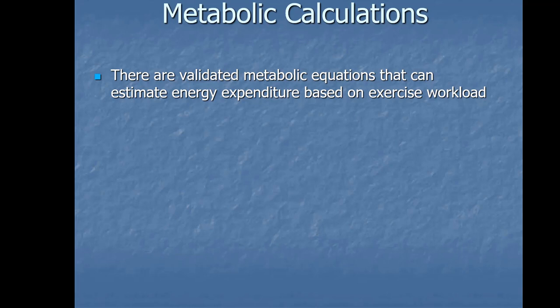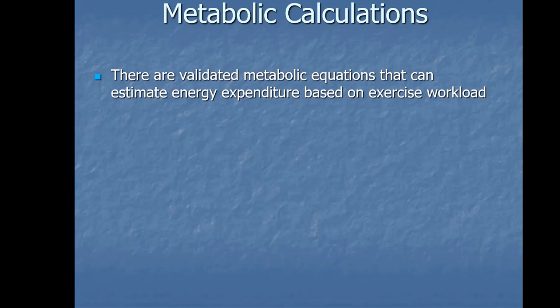All right, moving on, we're going to finish up here talking about metabolic calculations and then exercise economy. There are validated metabolic equations that can be used to estimate energy expenditure based on exercise workload. And what I mean by workload is, for instance, treadmill speed and grade.